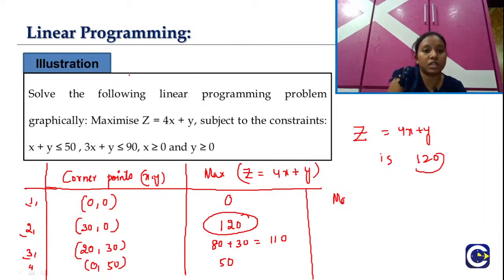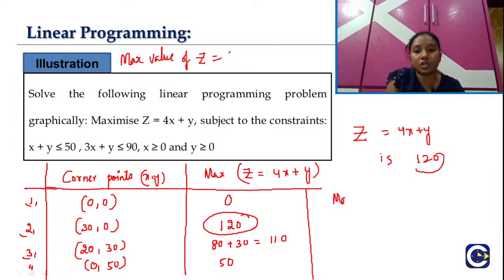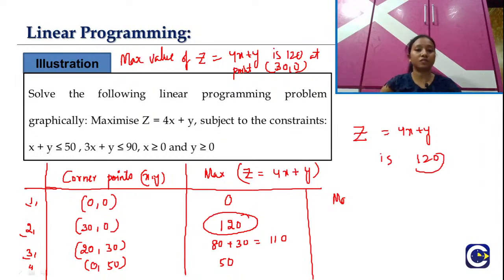So I'll write here: the maximum value of the objective function z = 4x + y is 120 at the point (30, 0). So this will be the solution of the given linear programming problem.